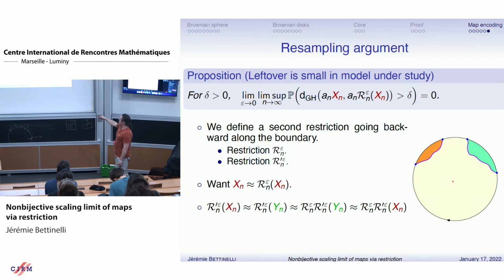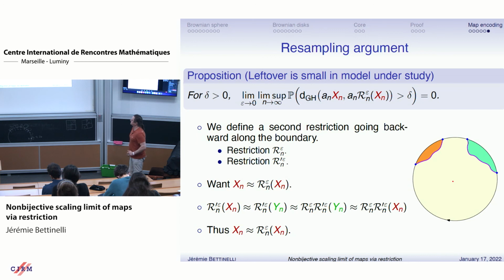So if I remove the green part, having or not the orange part doesn't change much. So even if I had the green part, removing or not the orange part doesn't change. Of course, it's a bit hand-waving, but that's roughly the idea. OK. Thank you.